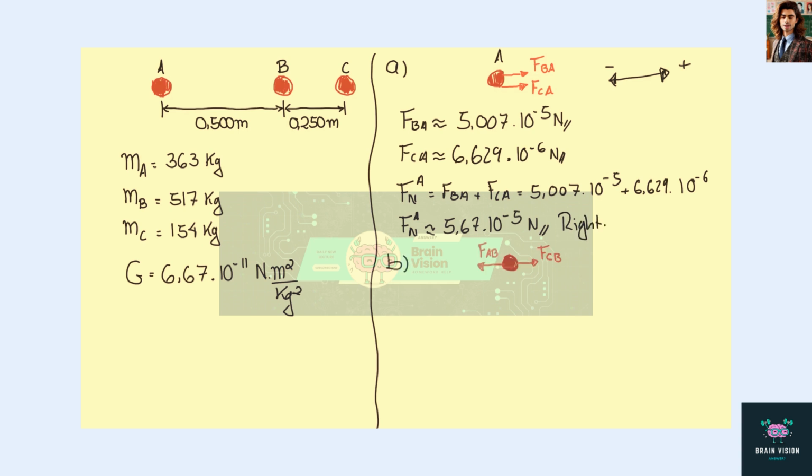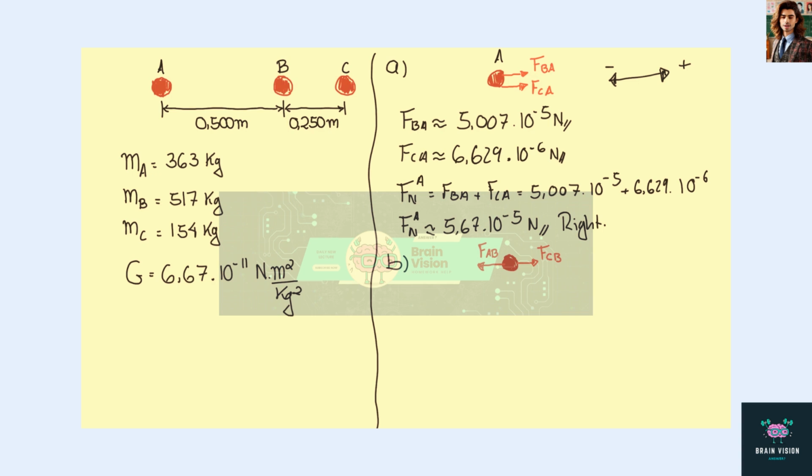For the next item, we have to calculate the magnitudes of the gravitational forces that particle A exerts on particle B, and the magnitude of the gravitational force that particle C exerts on particle B. To begin with, note the following. The magnitudes of the gravitational forces are symmetric.